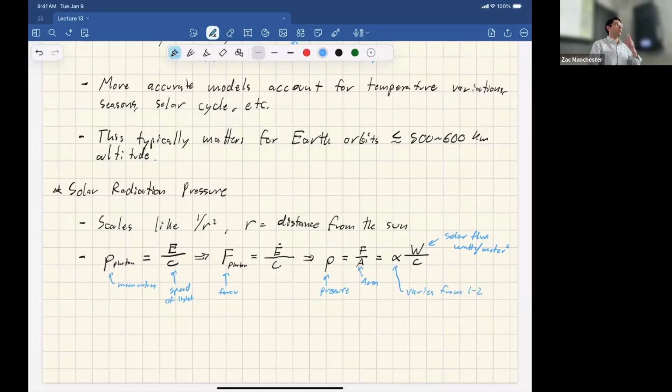The idea is 1 corresponds to basically absorbing the photon, so the momentum of the photon gets absorbed by the object. 2 corresponds to perfect reflection, so it perfectly elastically bounces back, and that's going to impart double the momentum, right? So everything has some reflectivity between those 2 extremes. If it perfectly absorbs, you get the photon momentum. If it perfectly reflects, you get double the photon momentum. Most surfaces are going to be somewhere in the middle.